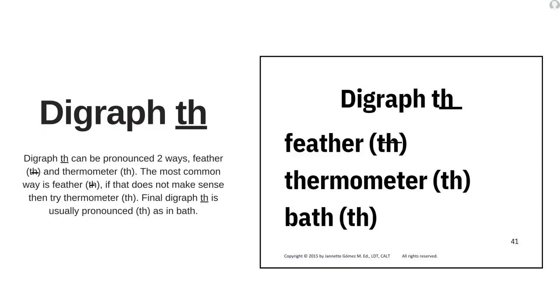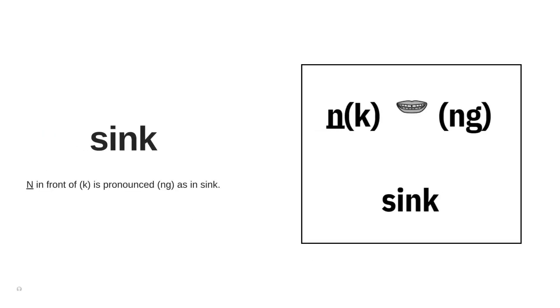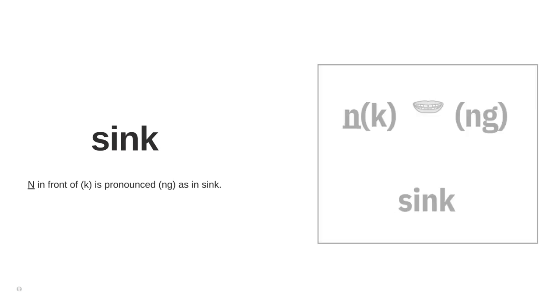The most common way is feather z. If that does not make sense, then try thermometer th. Final digraph TH is usually pronounced th, as in bath. Sink. In front of k is usually pronounced ng, as in sink.